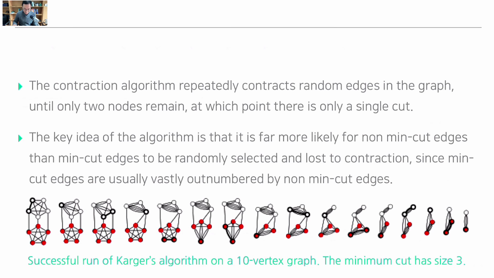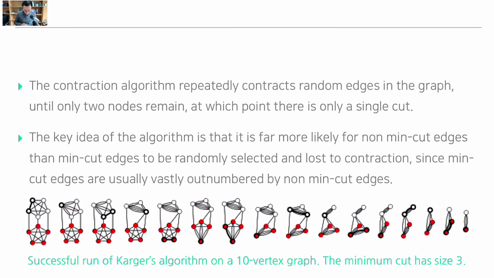The key idea of the algorithm is that it is far more likely for non-min cut edges than the min cut edges to be randomly selected and lost to contraction, since the min cut edges are usually vastly outnumbered by non-min cut edges.